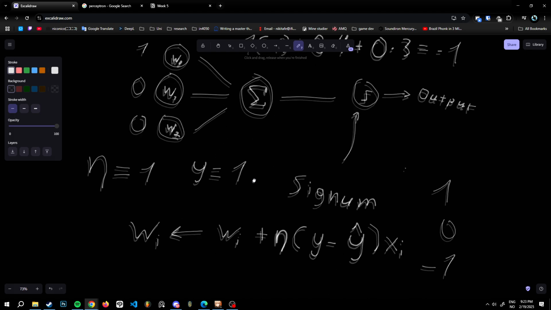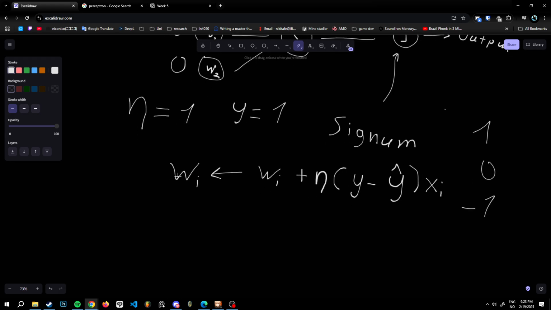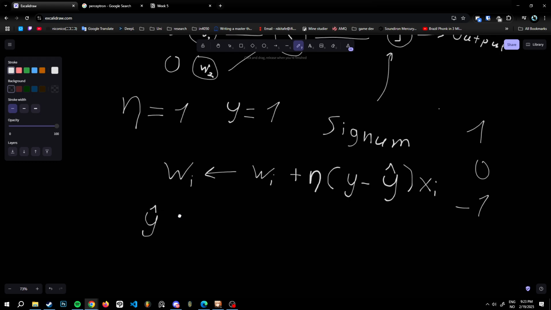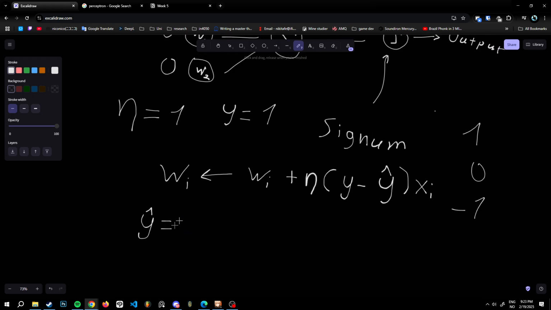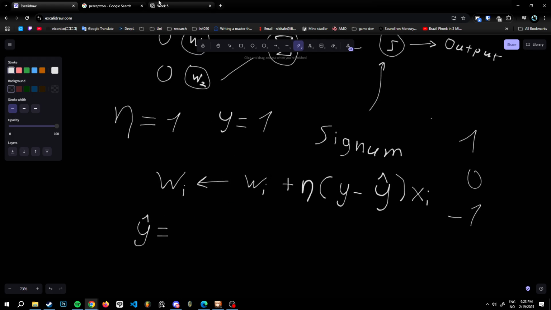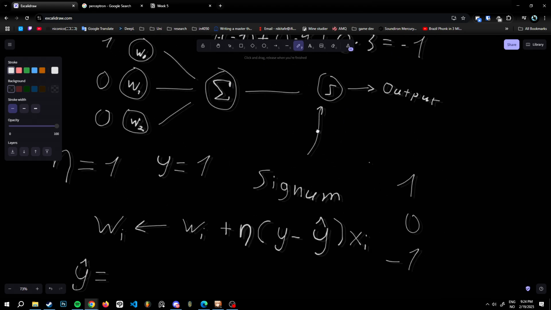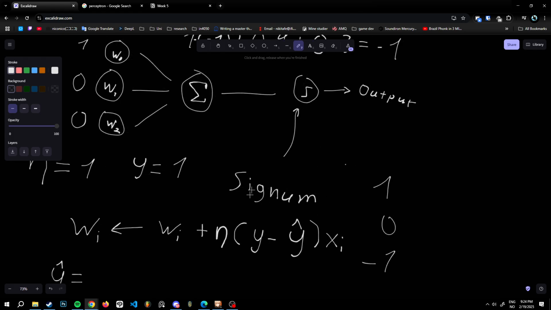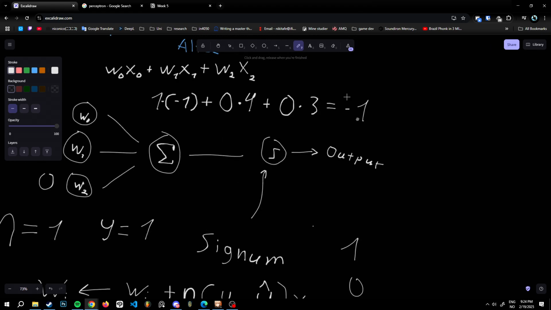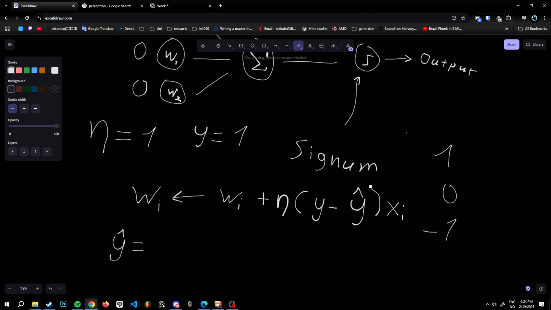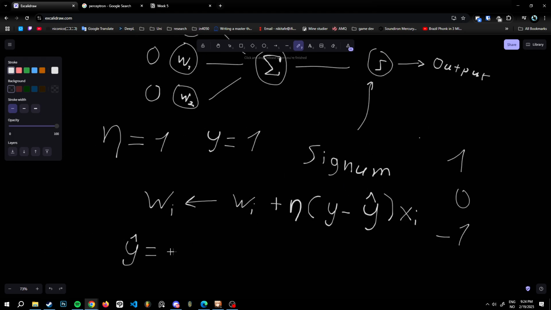And you might also guess that y with this sign on top of it is our actual output. What our perceptron predicted, what came out of this signum function, was -1.